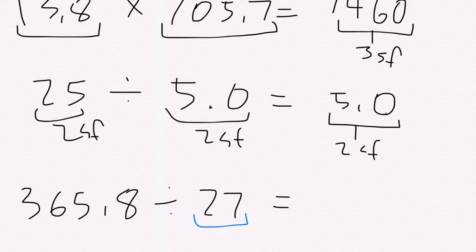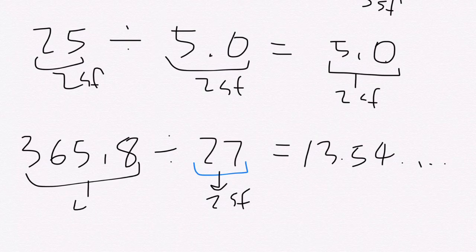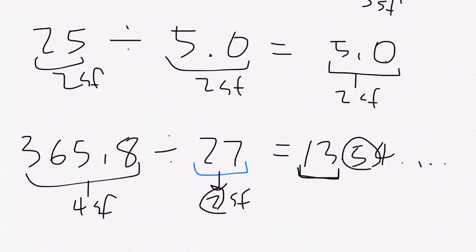Since that one has 4 and that one has 2, and we always take the smaller one, we can only have 2 sig figs. And since there's a 5, we round up. So we round to 2 sig figs and get 14 as an answer.